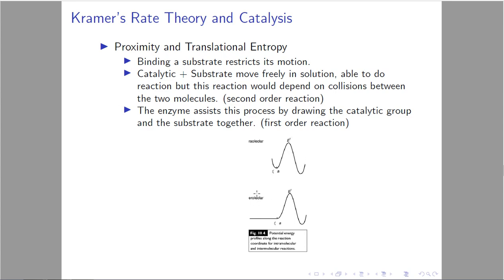Or, in the intermolecular case, when it comes to this coordinate, there is a lot of reaction and it can go from this side to this side. Okay, so it moves from this side to this side.